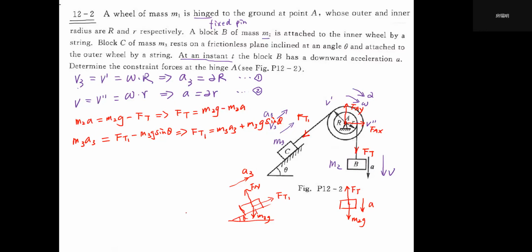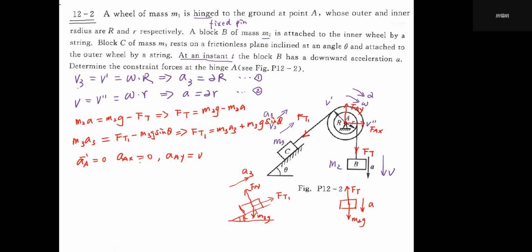So after we finish this force analysis, we can once again use the theorem of motion of the mass center, because this wheel is hinged here. The wheel can rotate around point A, but point A will never change its position. That means aA always equals 0, so aAx equals 0 and aAy equals 0.